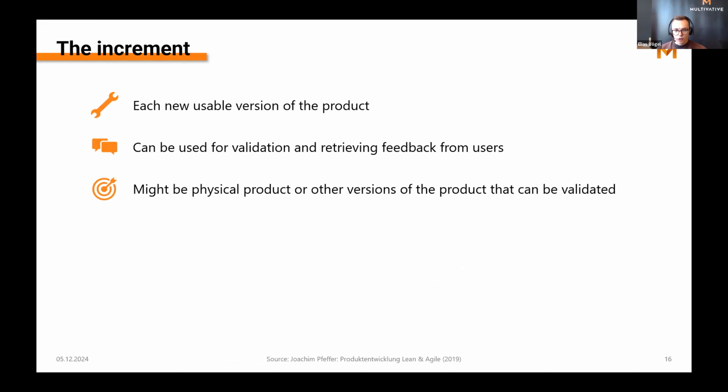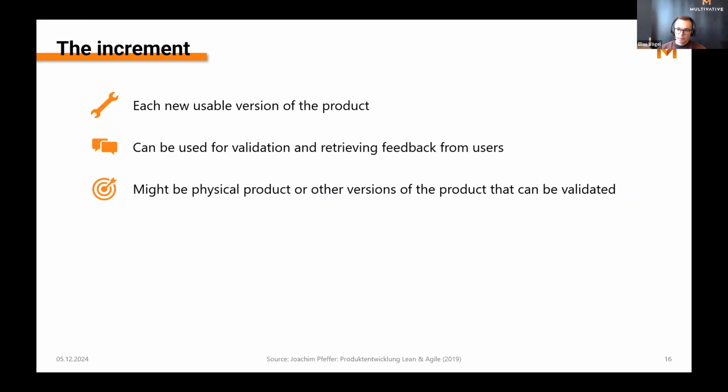And one of the core ideas behind agile hardware is the so-called increment. An increment is each new usable version of your product. An increment can be used for testing, for validation, and to gather feedback from actual users to further improve in the next increment.